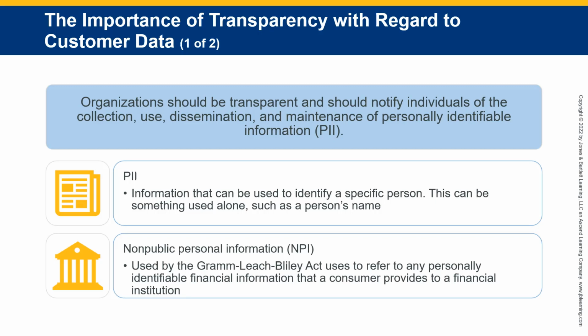This can be something used alone, such as a person's name. The non-public personal information, NPI, used by the Gramm-Leach-Bliley Act, refers to any personally identifiable financial information that a consumer provides to a financial institution.